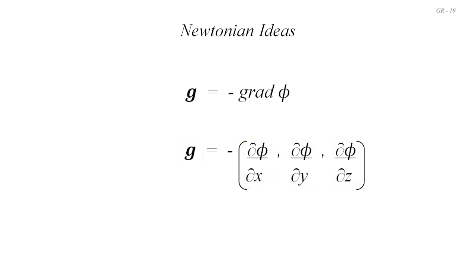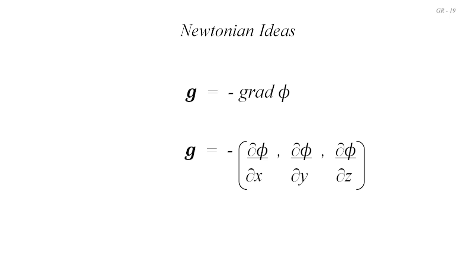Consequently, in this case of there being three dimensions, g equals minus grad phi is really the three-component vector, as shown here. This grad function, acting like this on the scalar energy field phi, turns it into the vector field g, which has d phi by dx in the x direction, d phi by dy in the y direction, and d phi by dz in the z direction, along with the original negative sign, of course.